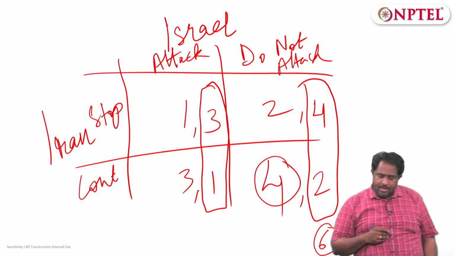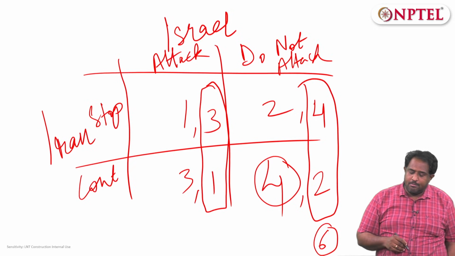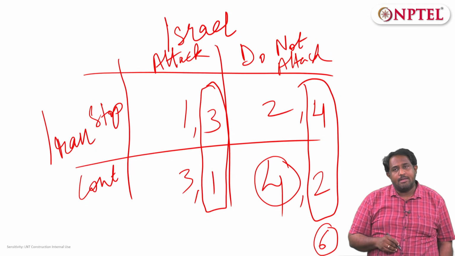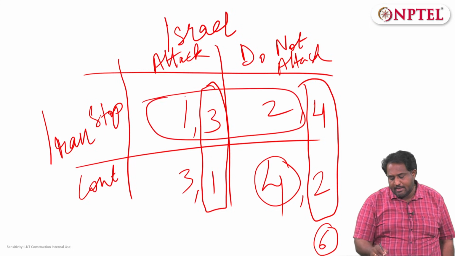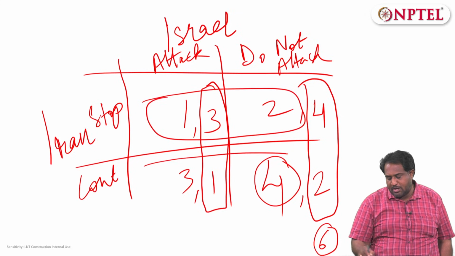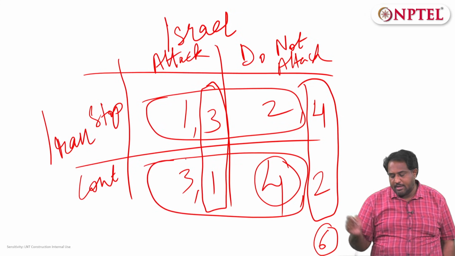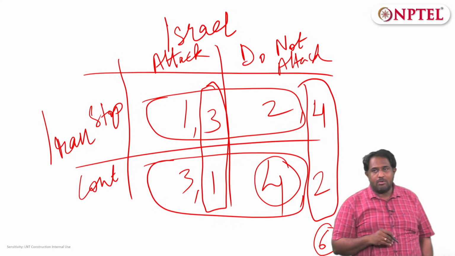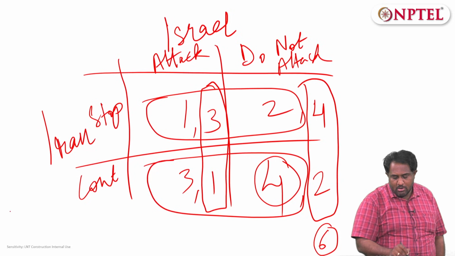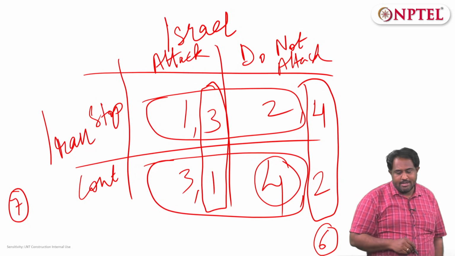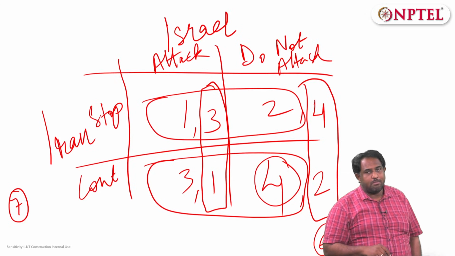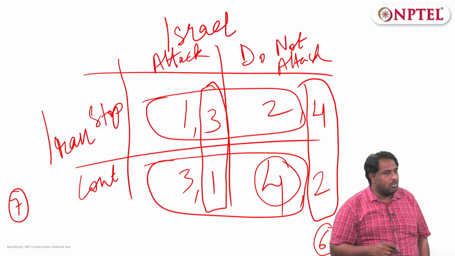And if I were to look at Iran and try and assess what might be the best set of payoffs accruing to me, then given the fact that the left hand side adds up to a 3 and here it adds up to a 7, it's fairly evident that Iran would prefer the strategy to continue at all times.